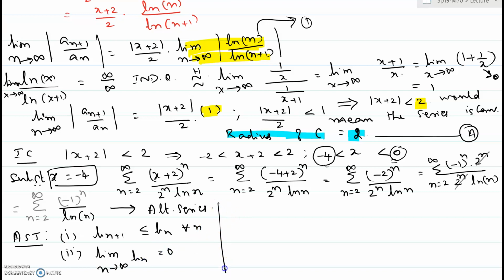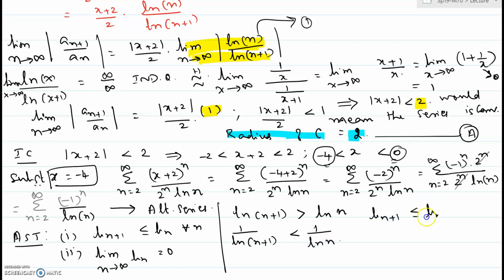Clearly ln of n plus 1 is greater than ln n, so 1 over ln of n plus 1 would be less than 1 over ln n. That proves b sub n plus 1 is less than or equal to b sub n for all n more than 1. But anyway, the series starts only from 2, so we can say for n greater than or equal to 2.